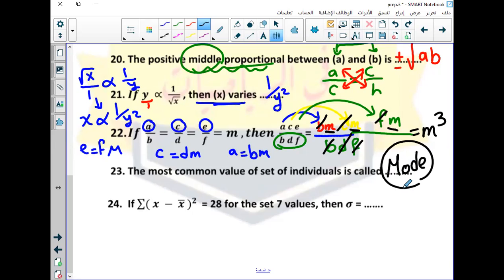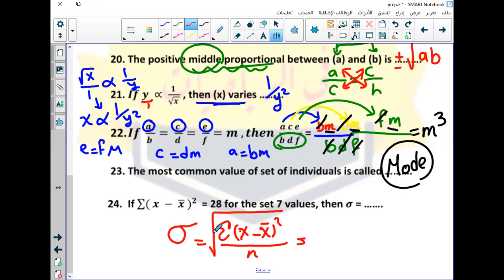Number 24, the last question with us. If the summation of (x minus x bar) power 2 equals 28 for a set of 7 values, then the standard deviation of them will be equal to the square root of the summation of (x minus x bar) power 2 divided by the number.